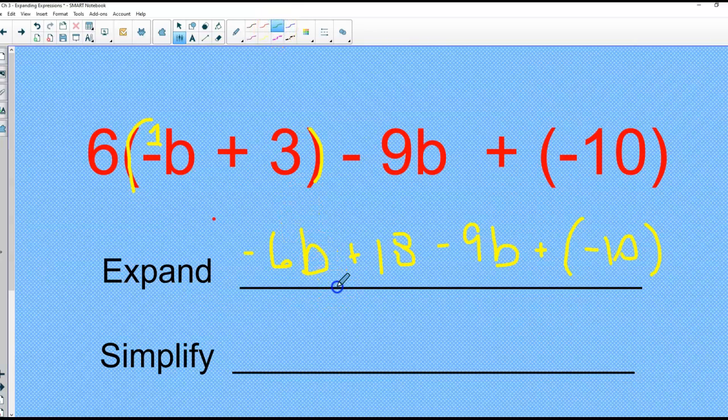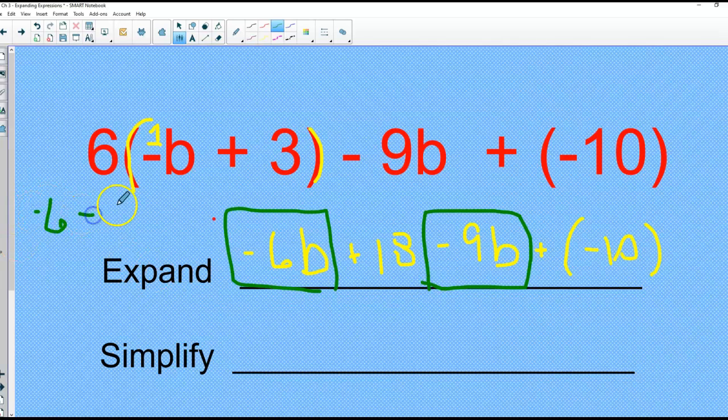So now let's find our like terms. So I see a b, so I'm going to mark this one, and I see a minus 9b. So let's combine those. So it says negative 6 minus 9. So leave change opposite. I will end up with negative 15, and you have a b.